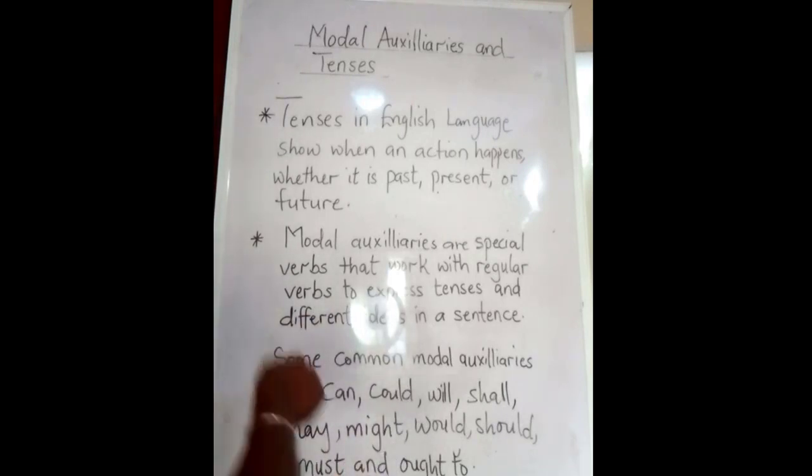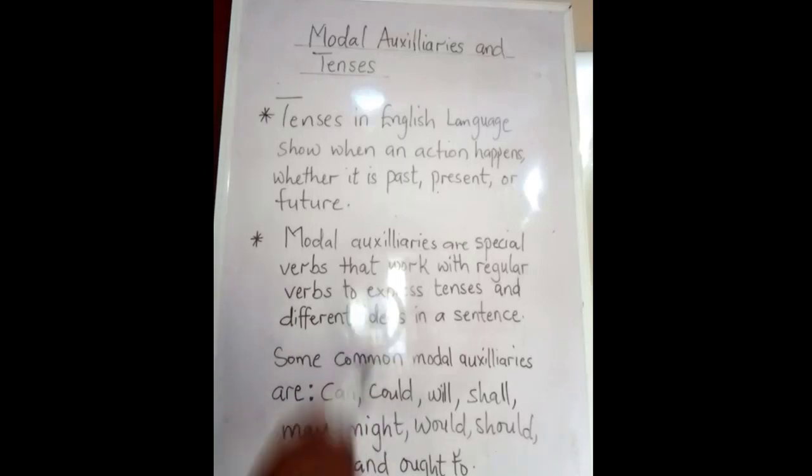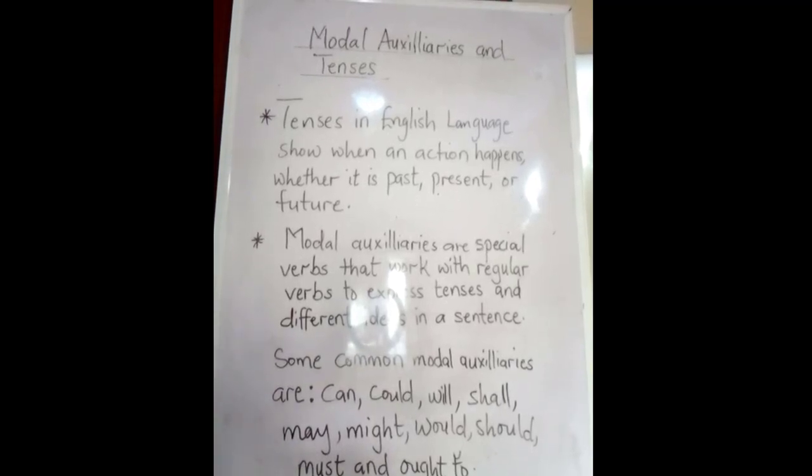Not all of them actually function to show tenses. A lot of them do, and some others just portray different ideas in a sentence, like permission, possibility, ability, and the rest of them. So we're going to take them one after the other and see how they function in expressing tenses in English language.